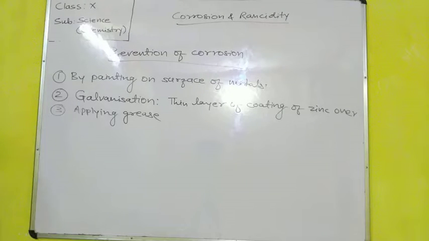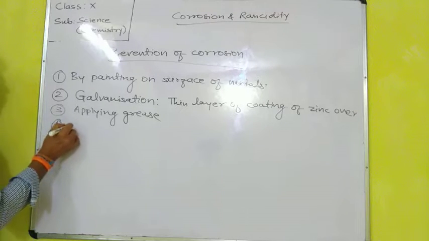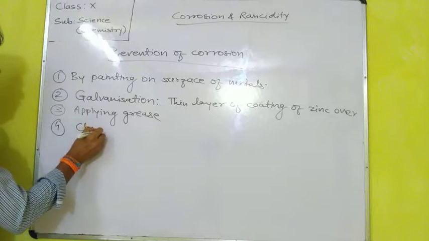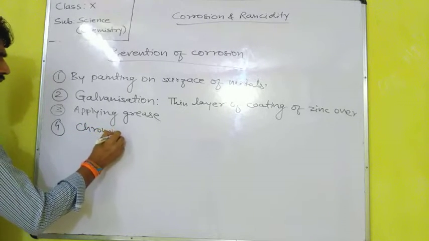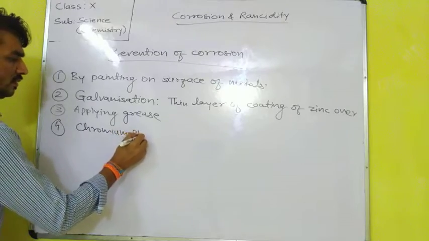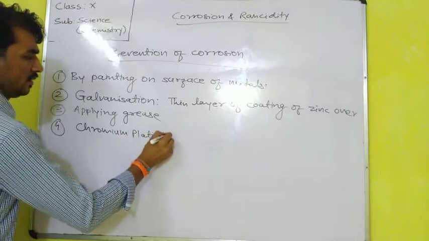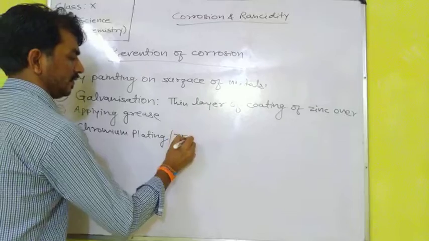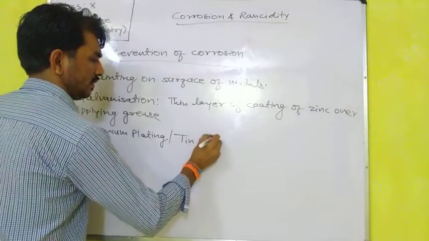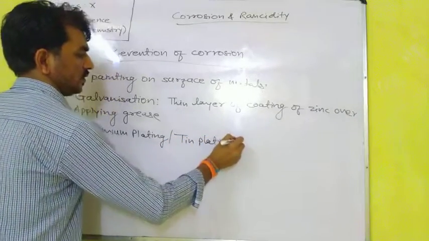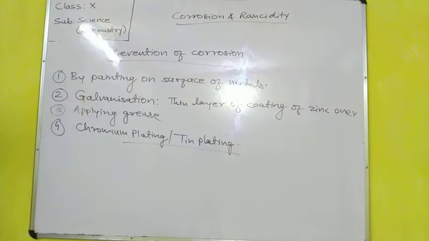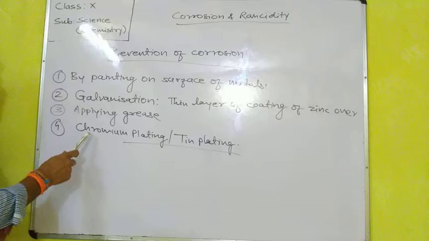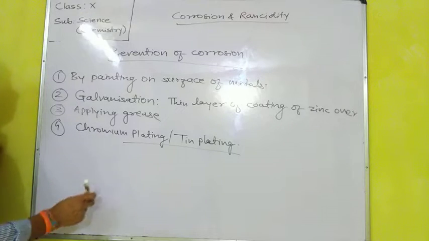Now chromium plating or tin plating. Chromium plating and tin plating are processes by which the metal is coated or surrounded by chromium or tin.